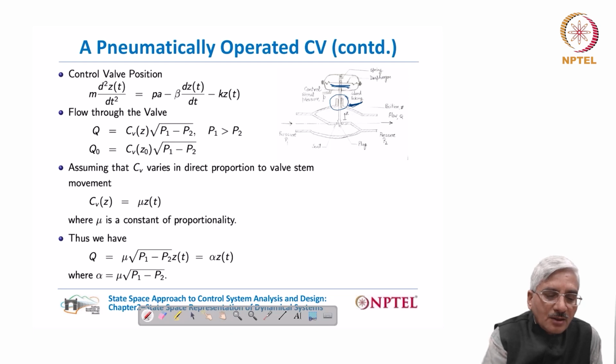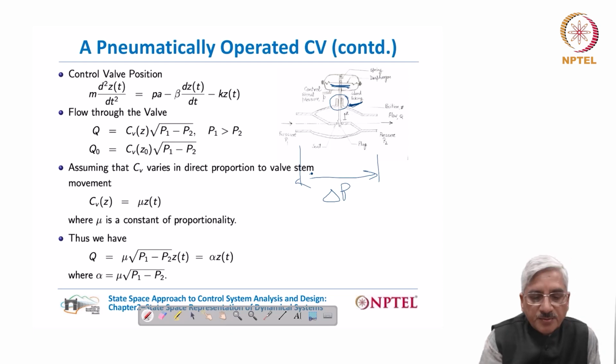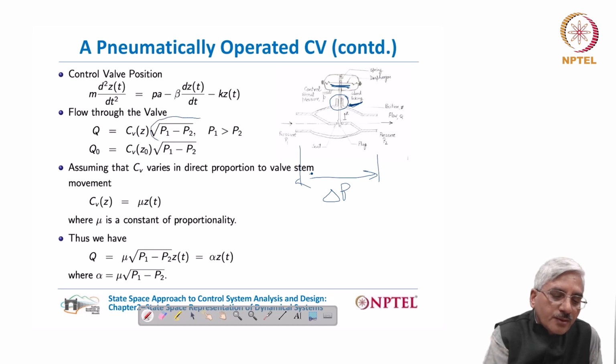Okay. Now we also realize that the flow through the valve is dependent on upstream pressure and downstream pressure, P1 minus P2, the differential pressure across the valve, this delta P, which is represented by P1 minus P2. Of course, with its square root.